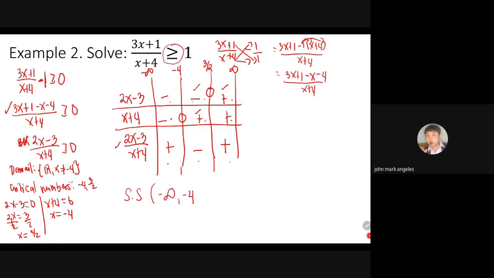Supposed to be, dapat magkaka-bracket ka dyan kasi naka-greater than. But since restricted ang value ng ating x doon sa domain, you will be using parenthesis. Yun ang sinasabi ko na hindi siya lagi-lagi. Yun, si 3 over 2 ang naka-bracket ngayon hanggang kay positive infinity.